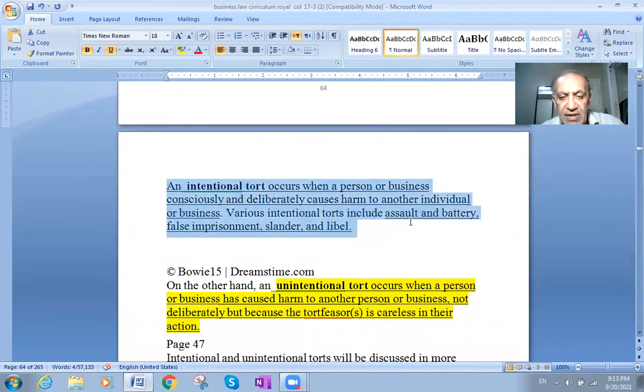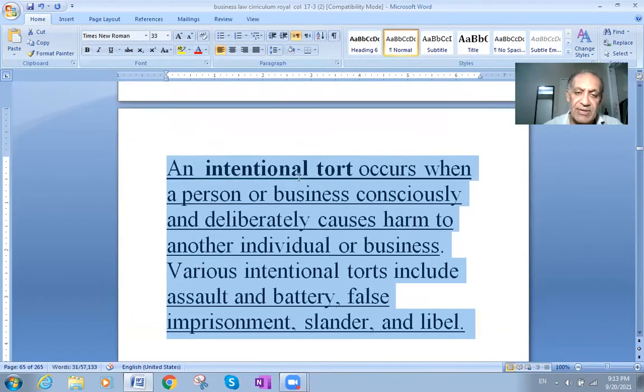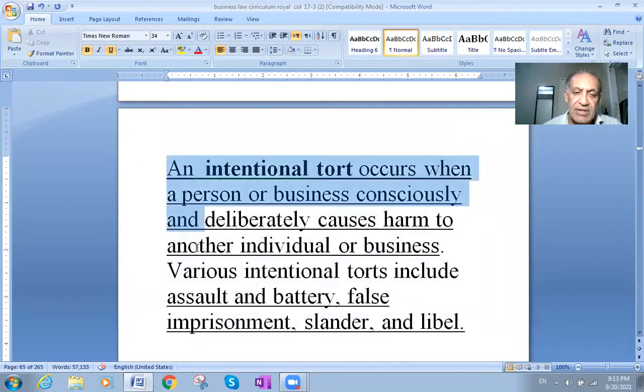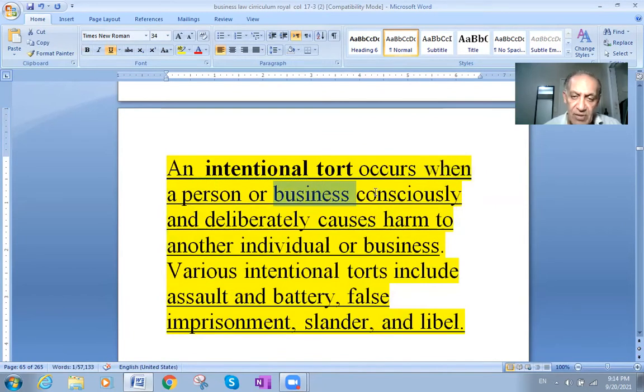What do we mean by intentional? Intentional tort occurs when a person or a business consciously, knowing very well, and deliberately causes harm to another individual or business.